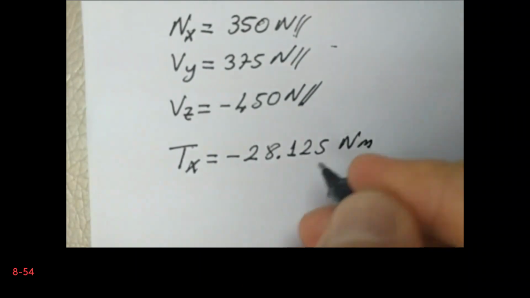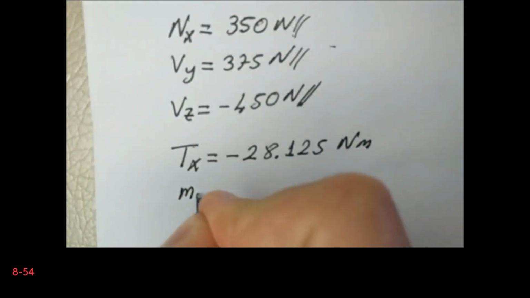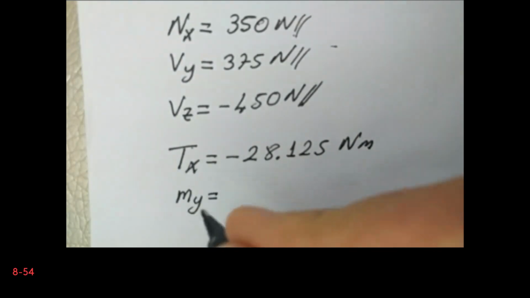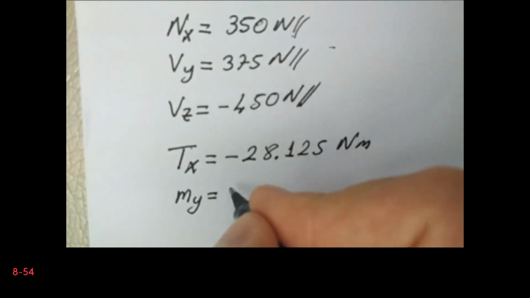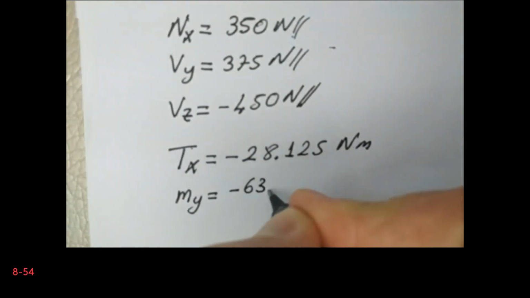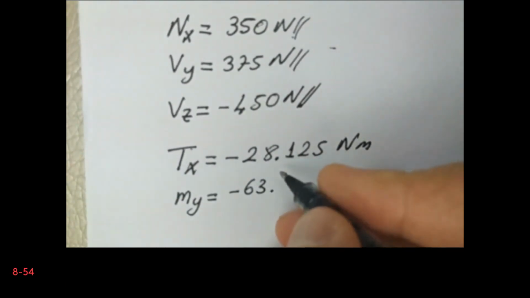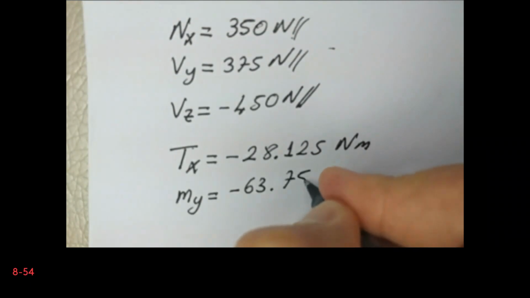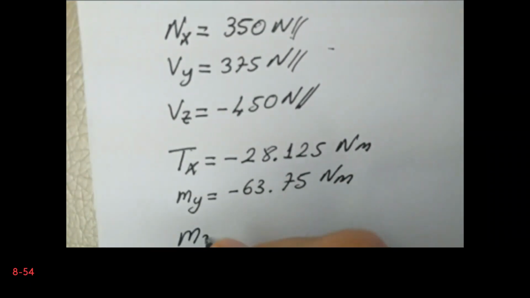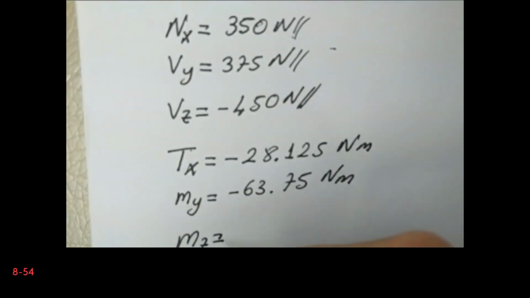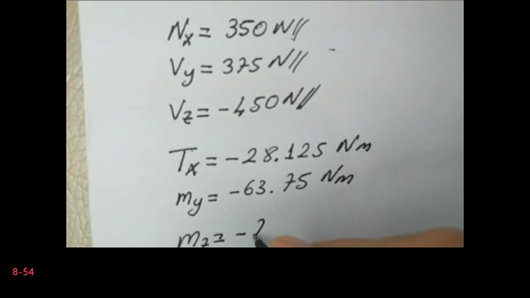We have the Y component of the moment, that is the bending moment My, which is minus 63.75 Newton meters, and we have the bending moment Mz, which is minus 75 Newton meters.